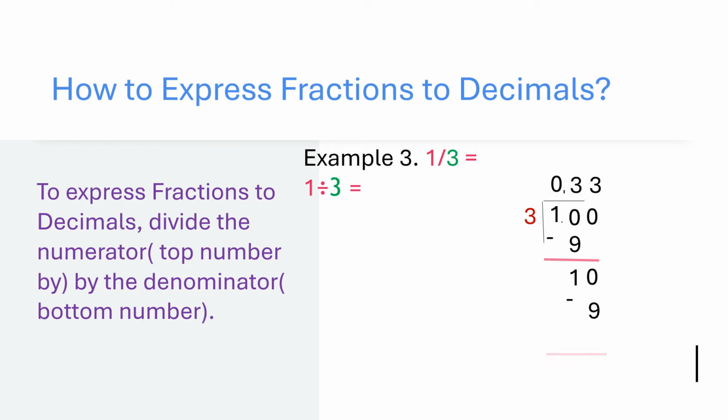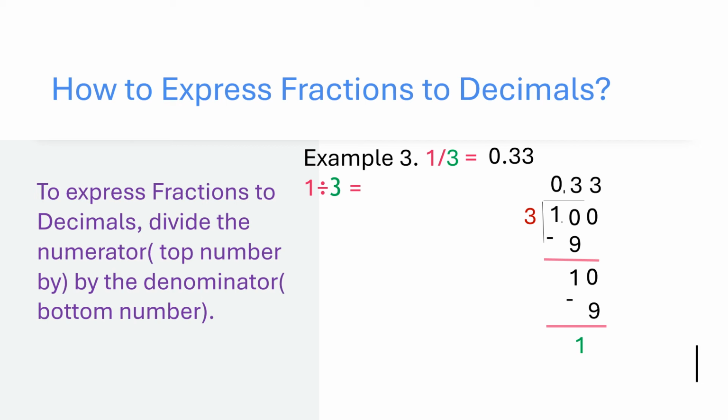And that is equal to 1 again. Now, if you add another 0, what happens? It's going to go back again to 1. You notice the remainder is always 1, regardless of how many zeros we add.